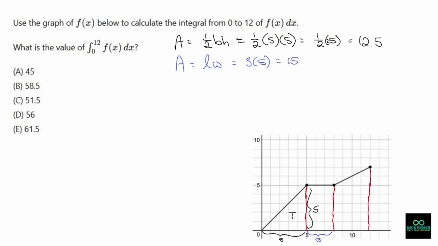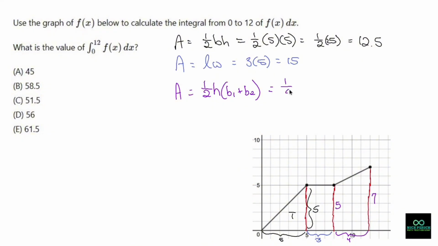Much more manageable. This last guy is a right trapezoid with a height of 5 over here, and then technically a base of 5 over here. We have a height of 4, and a second base that goes up to 7. So the area of a trapezoid is, I guess we could say, 1/2 of the height times base sub 1 plus base sub 2.